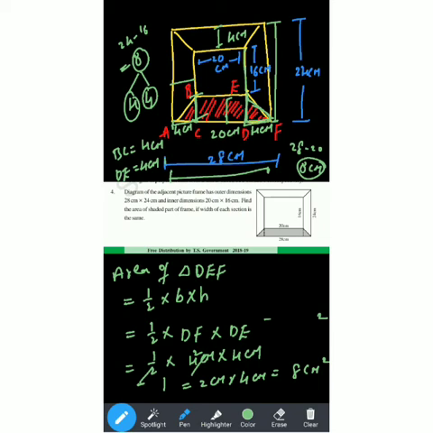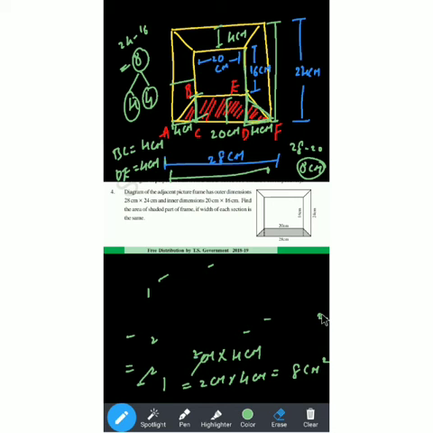So what is the area of the shaded portion now? See the diagram. The shaded portion area is the sum of the two triangles and one rectangle.